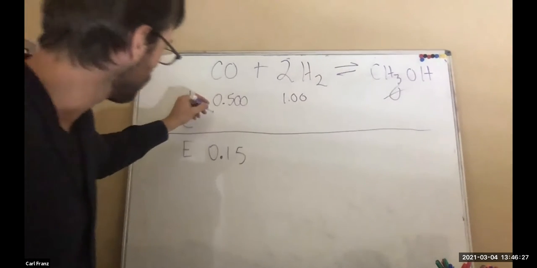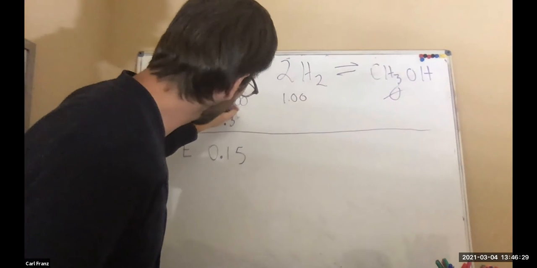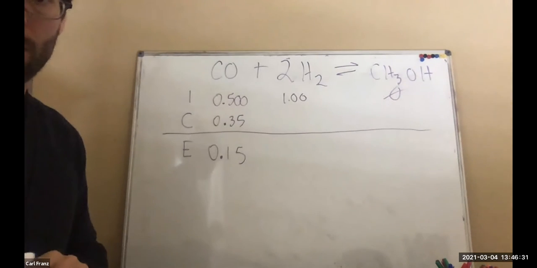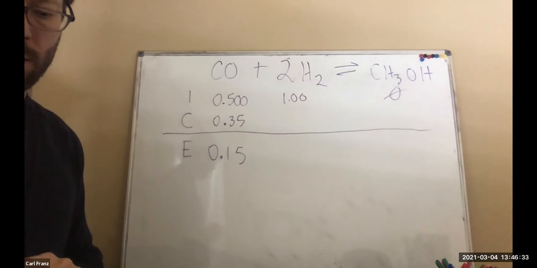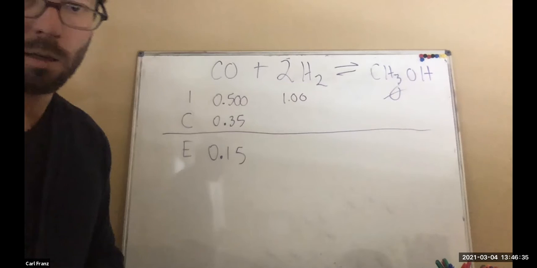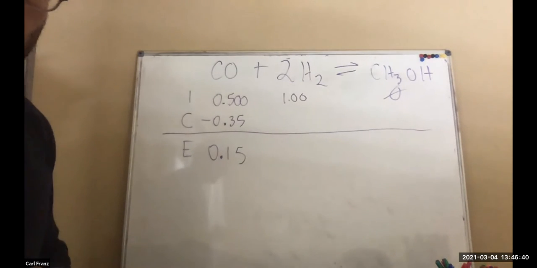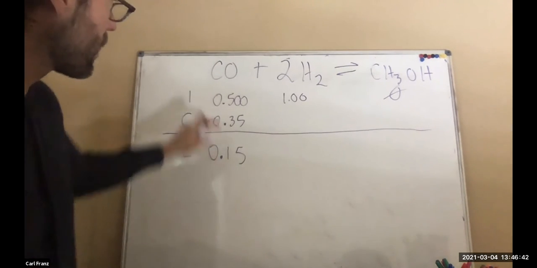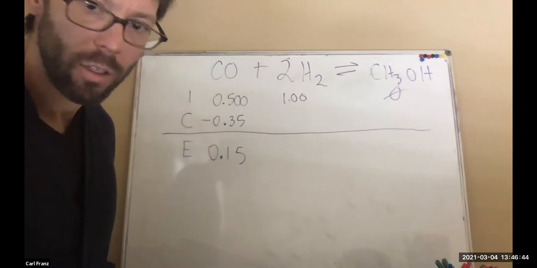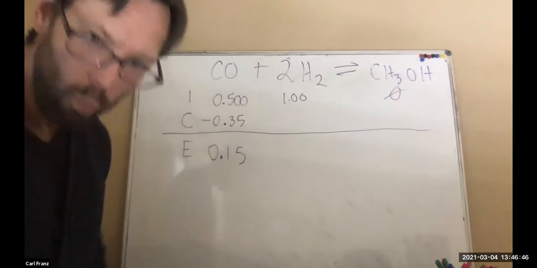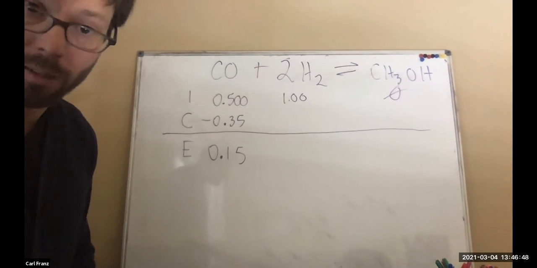Is it 0.35? I think, yeah. But it's a negative 0.35, because 0.5 minus 0.35 is 0.15, right?